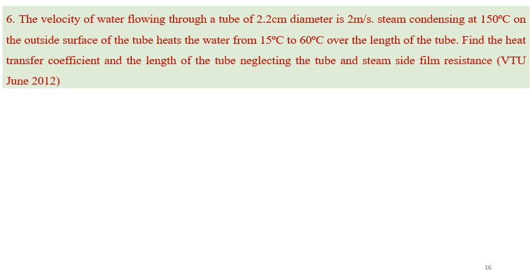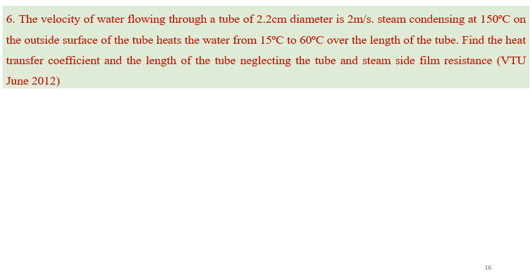So this is one more kind of problem where the type of heat exchanger is a condenser, but here instead of a mass flow rate, they gave the velocity of the water. The diameter of the tube is given, and velocity is 2 meters per second, and steam is condensing at 150 degrees centigrade.